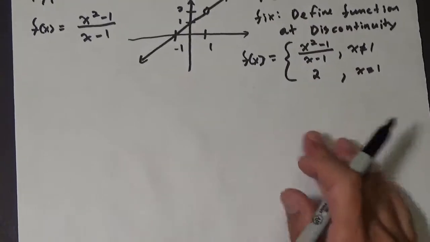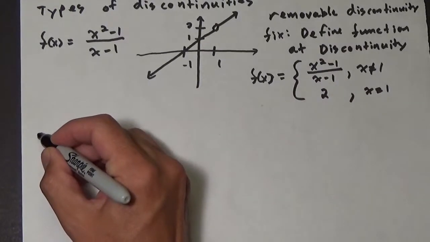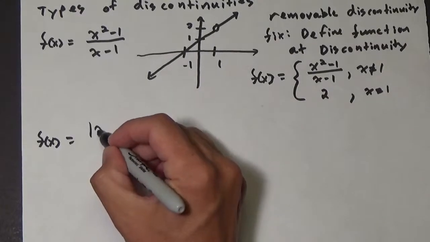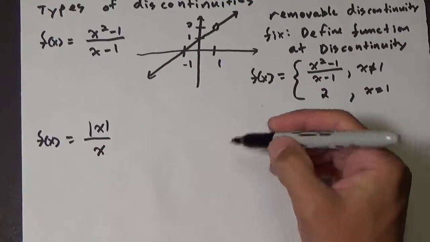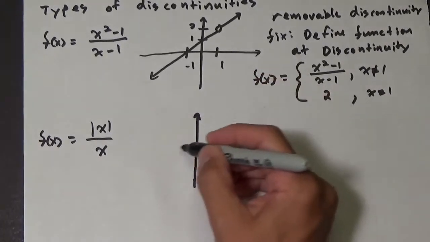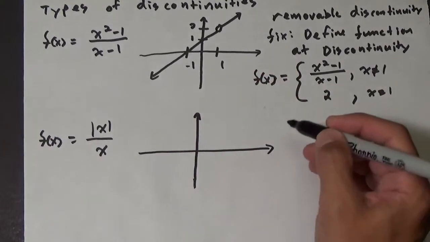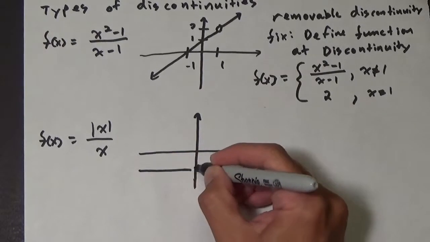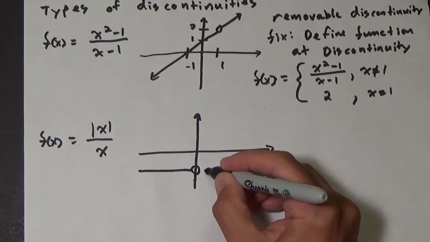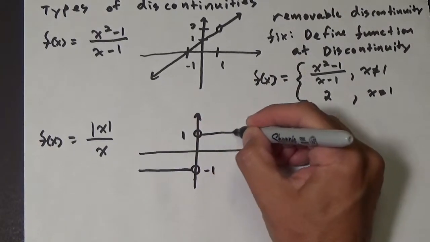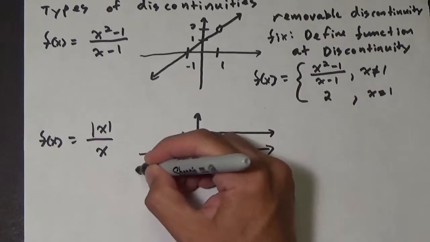Okay, next one. We have f of x equals the absolute value of x over x. So this is a good example. What this one looks like is, on the negative side, we come up and that's negative 1. And then from 1, it goes on.